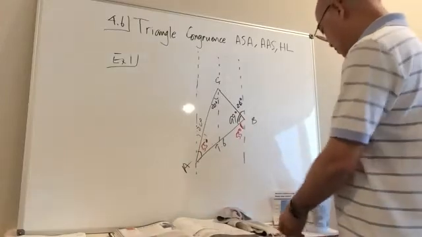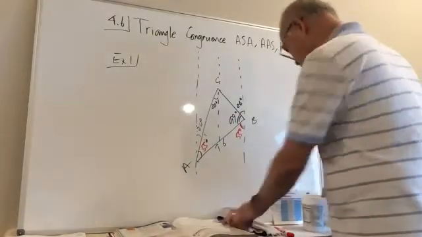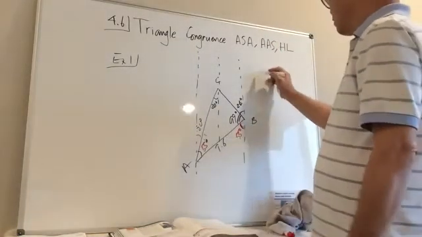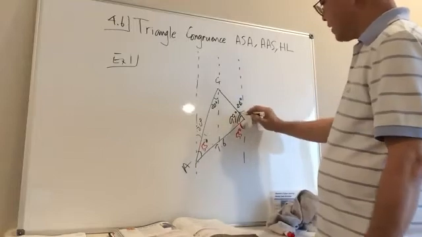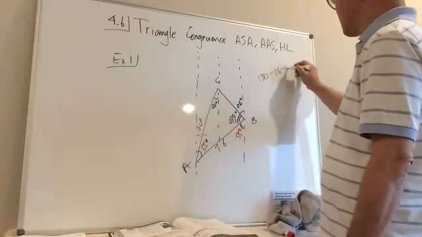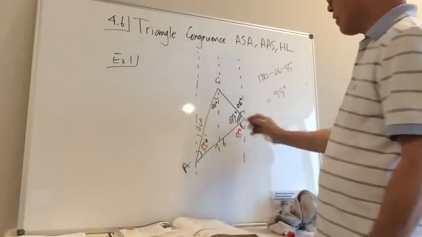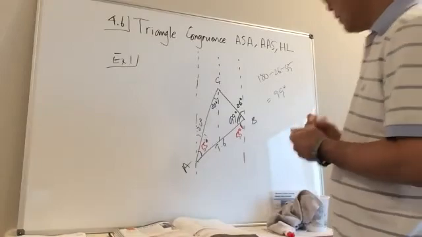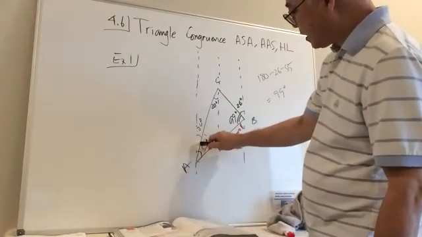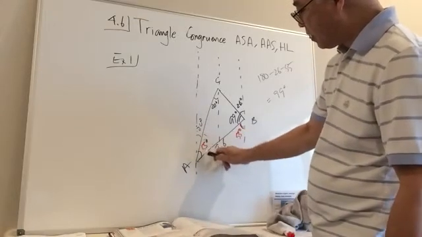So to find this angle, it's 180 minus 26 minus 55, which is 99 degrees. That's how I found that 99 degrees. From here to here is 55, but I have to take 20 degrees away, so here to here is 35.